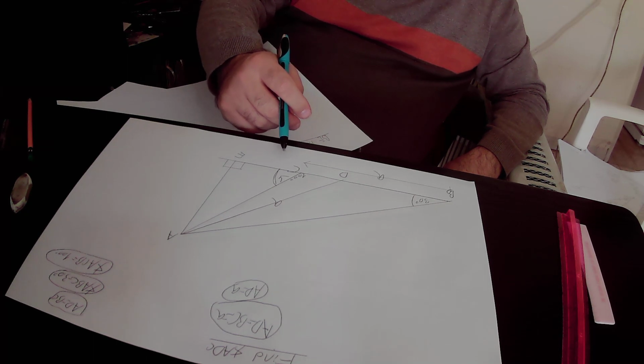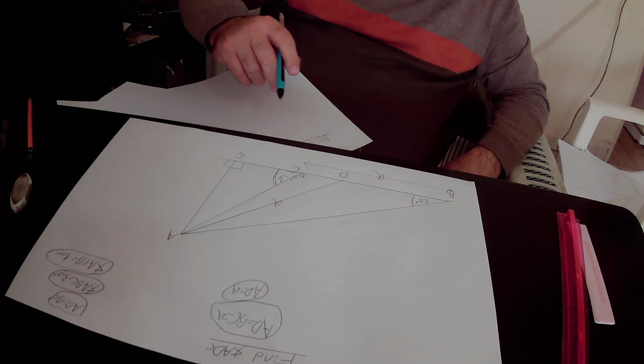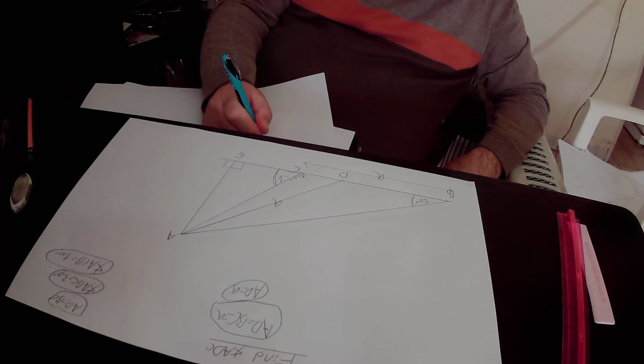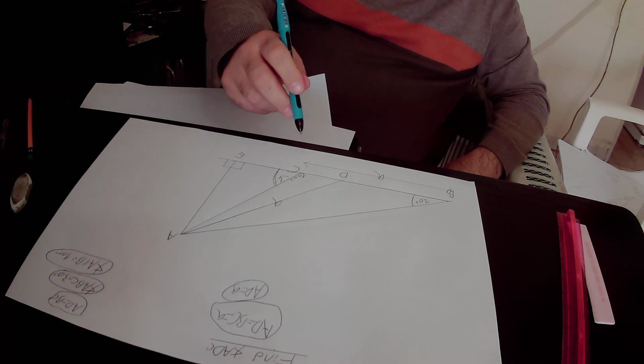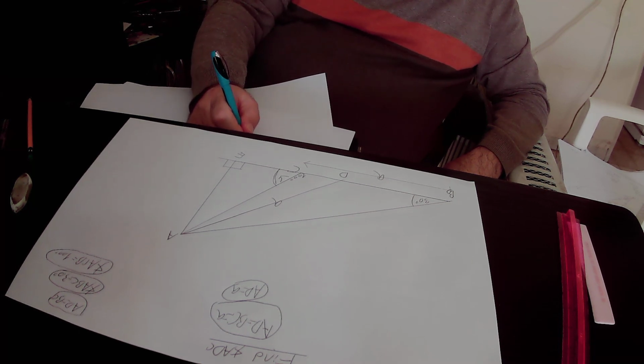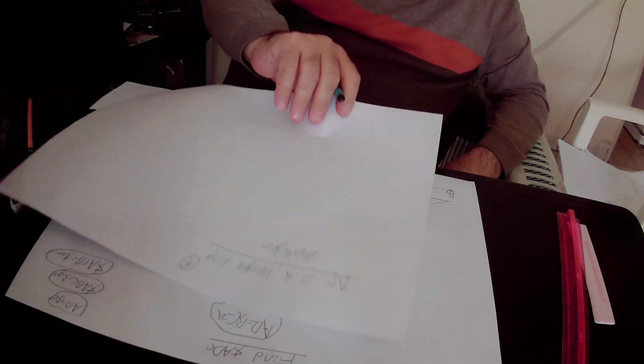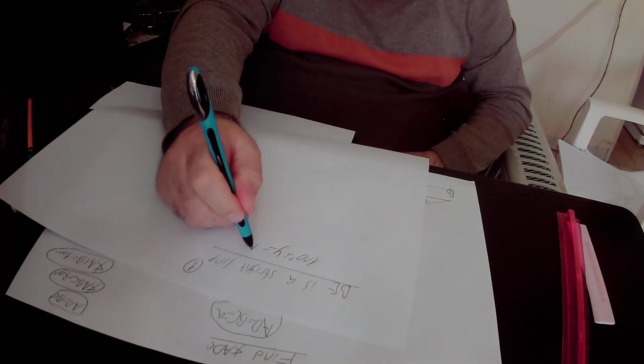Which angles do we have on the upper side of BE at point C? We have 100 degrees plus angle Y. The sum of those two angles must be equal to 180 degrees according to the rule that I mentioned.